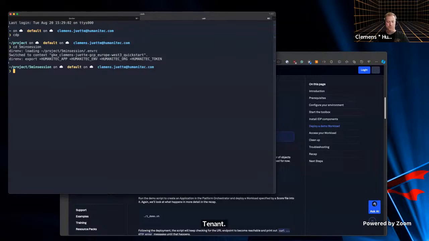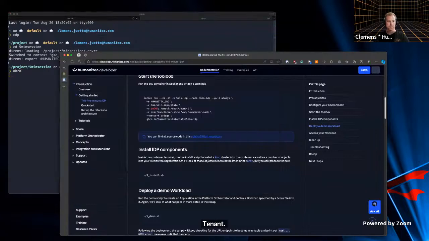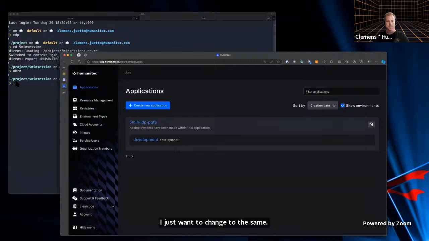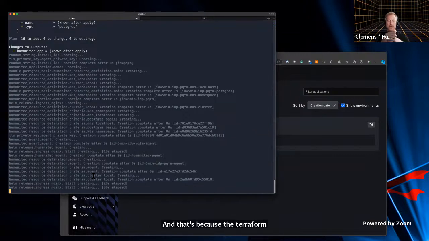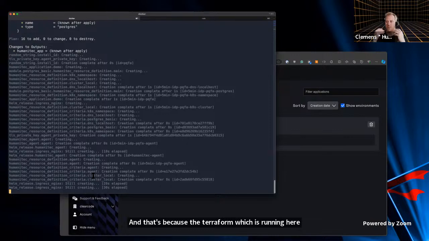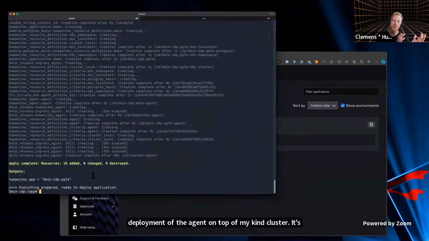Right, going to change to the same directory, which allows me to use my convenience script to open the orchestrator in the right tenant here, my tenant clear code. And as you can see, there's already an application called 5-minute IDP PQFA. And that's because the Terraform, which is running here, is not only creating infrastructure components like the deployment of the agent on top of my kind cluster, it's also creating the configuration of the orchestrator.